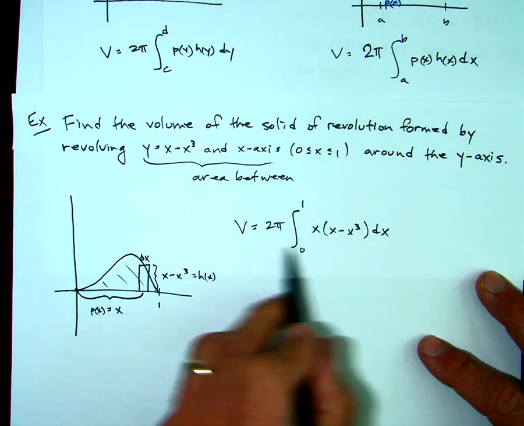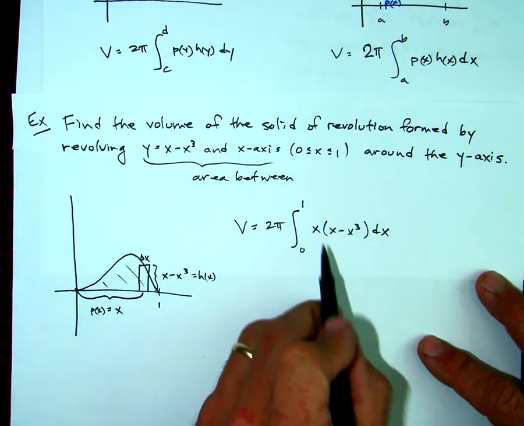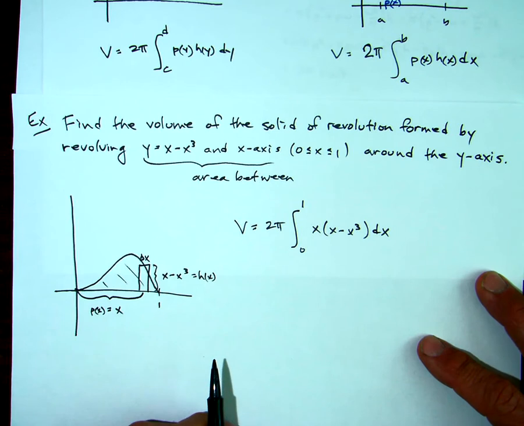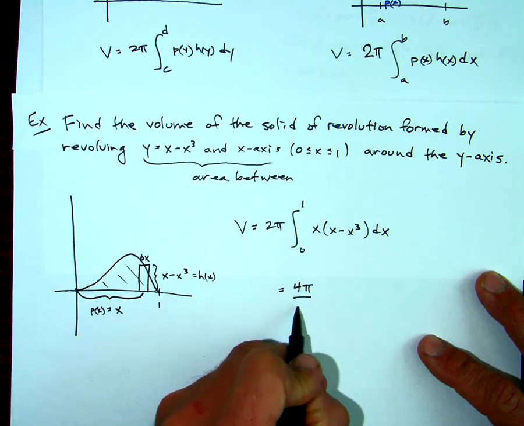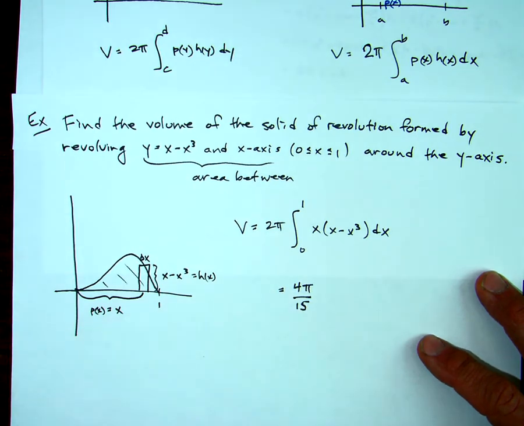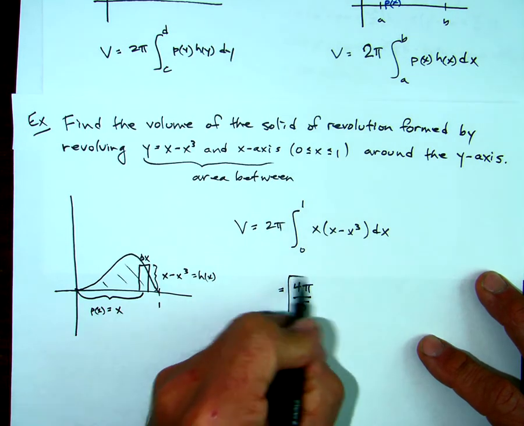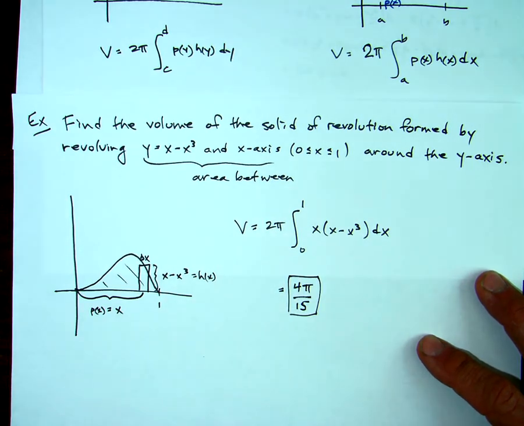Now I won't bore you with the details of the integration, because we just distribute the x. This is the straightforward power rule antiderivative, and if we plug in the values and multiply by 2 pi, we will get 4 pi over 15. You might work through the details if you're not sure about that, but this is what you should end up with if you do it correctly.